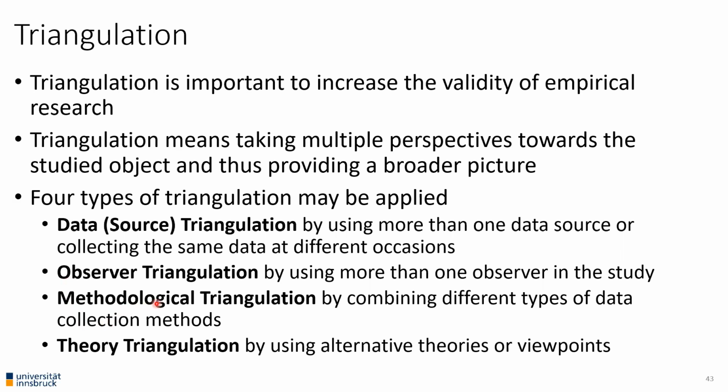Methodological triangulation means combining different ways of collecting and analyzing data, quantitative and qualitative approaches, for instance. And theory triangulation means having different underlying theories, and different viewpoints can also help. This is linked to having extreme border cases. So triangulation is an umbrella for properly dealing with and reducing threats to validity.